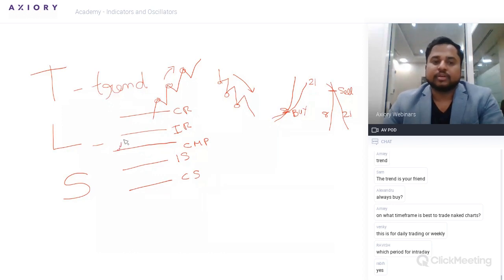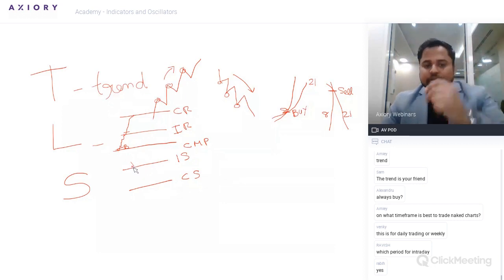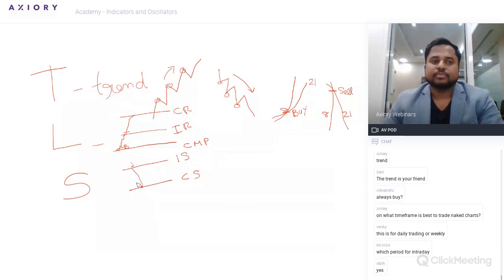Means if the trend is going up here, you buy from here. If it again goes up, again you go for the buying from here. So if the price breaks here, it can reach the first support. If it again breaks the support, it can go to the next support. So there you learn the levels.